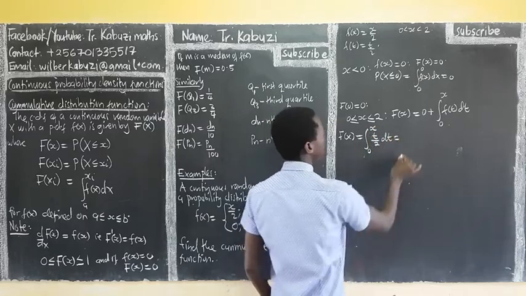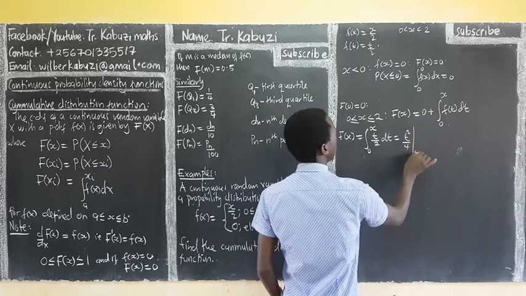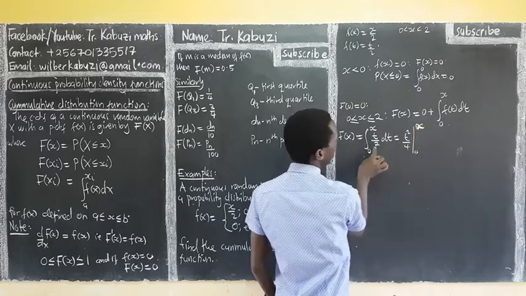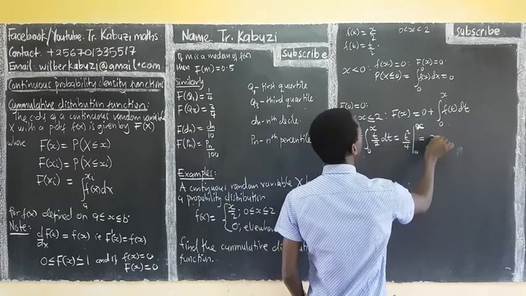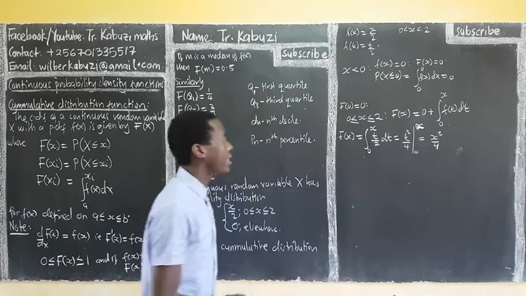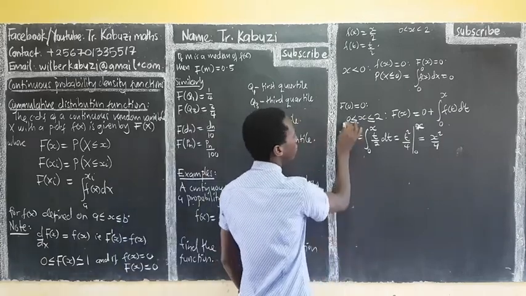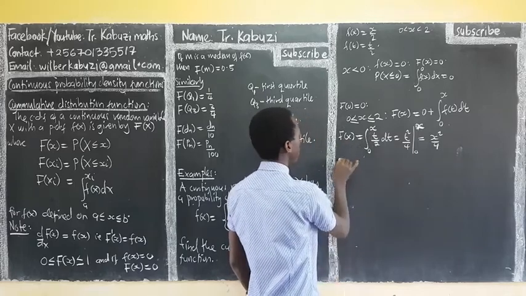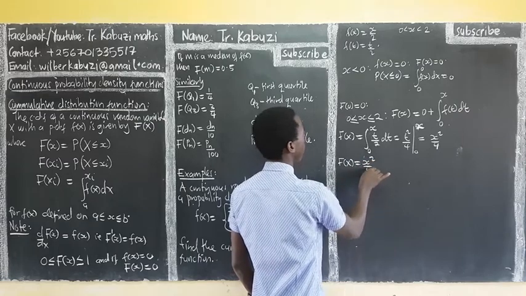And integrating this, you get t squared over 4 from 0 to x. So this will be x squared over 4. It means that for the interval 0 to 2, our F of x is x squared over 4.